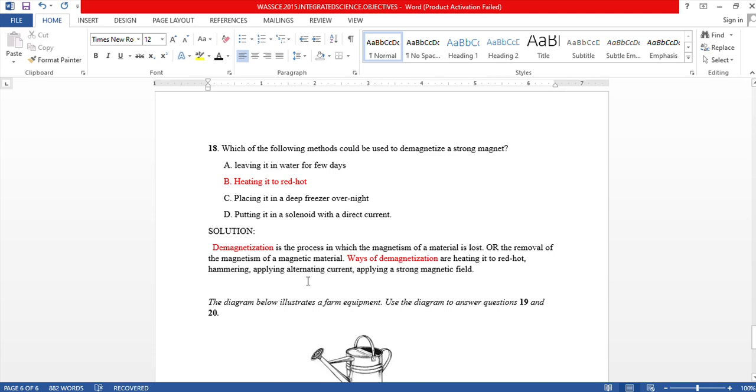Now, when you apply that to a magnet, it will no longer work. And also, you could apply a strong magnetic field. So you can use another magnetic field, especially a very strong one, and then use it to remove the magnetism of another magnet.